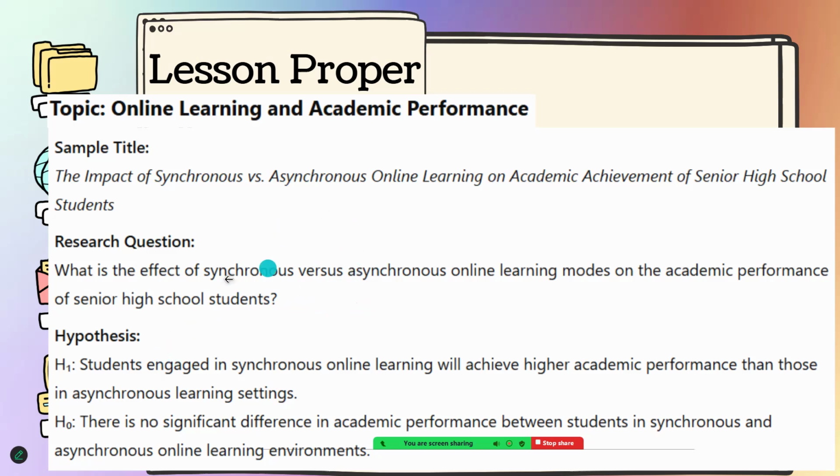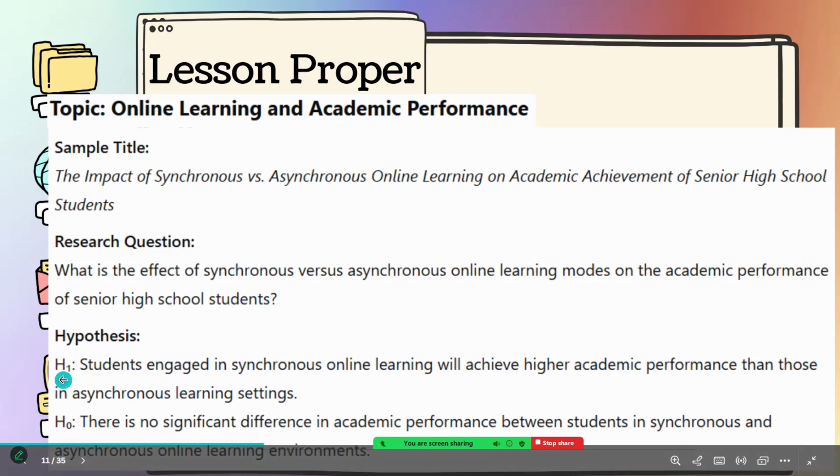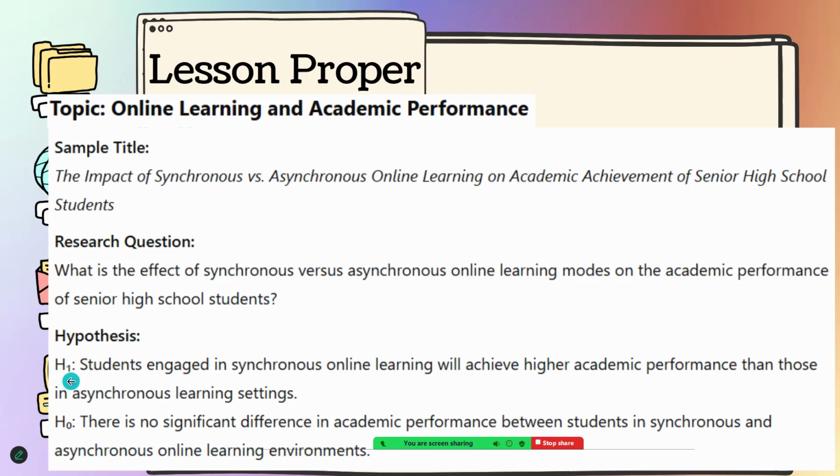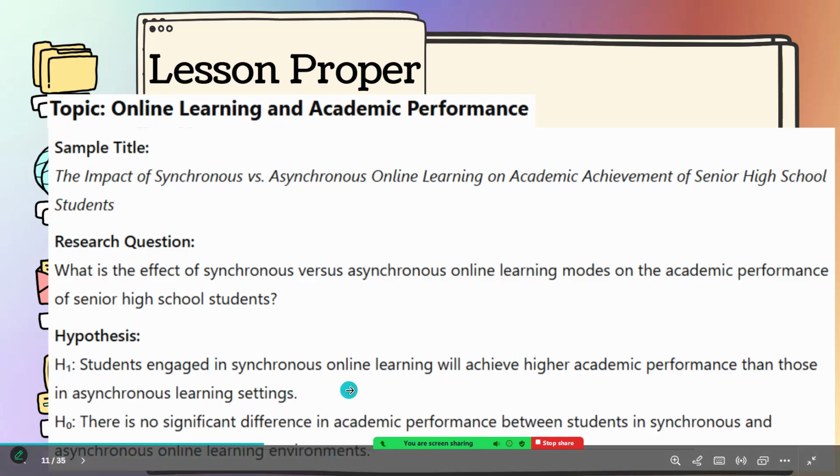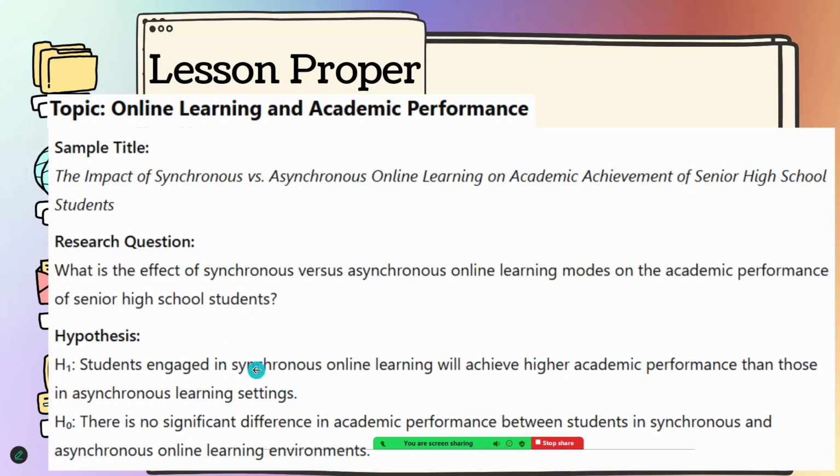And for this specific topic, your hypothesis, this one is an alternative hypothesis, number one, H1. Students engaged in synchronous online learning will achieve higher academic performance than those in asynchronous learning settings. So that is your alternative hypothesis.